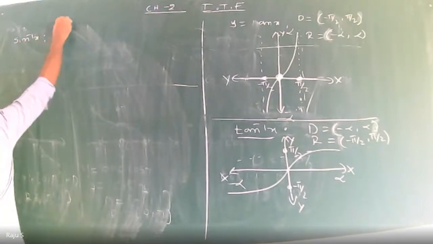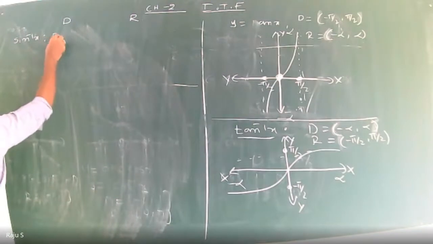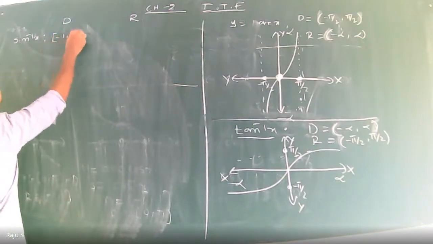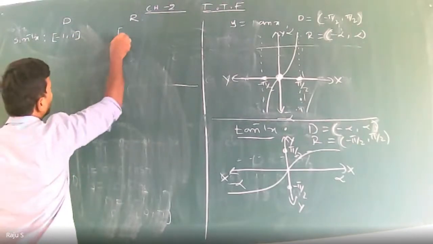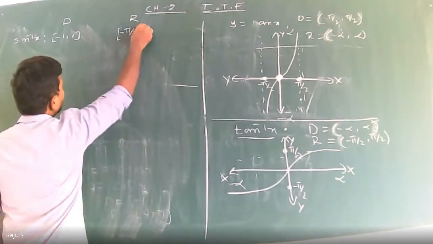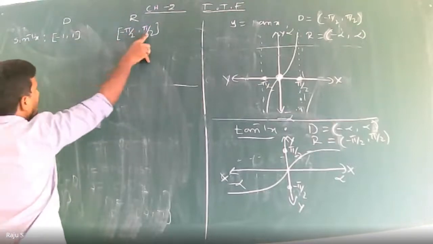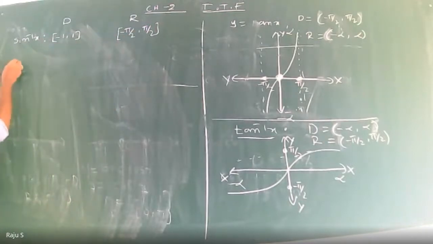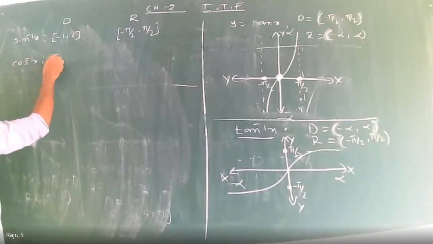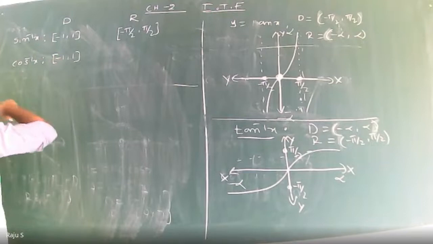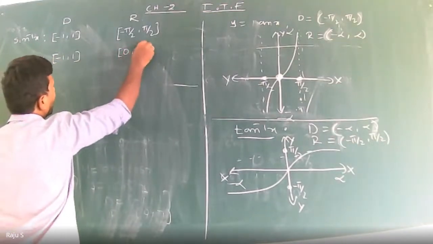What is the domain and range? The domain is minus 1 to 1. What is the range here? Closed interval minus 90 to 90, because sine of minus 90 is minus 1 and sine of 90 is 1. Then what about cos inverse of x? The domain is minus 1 comma 1 only, and here the range is the closed interval 0 comma 180.